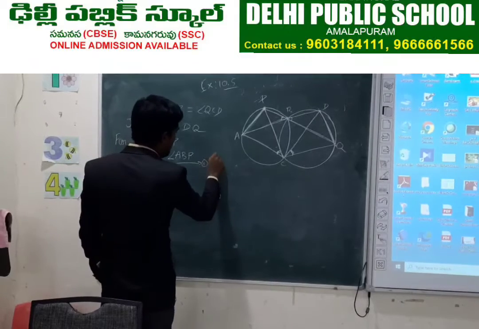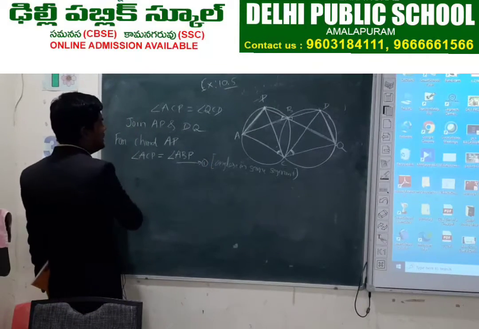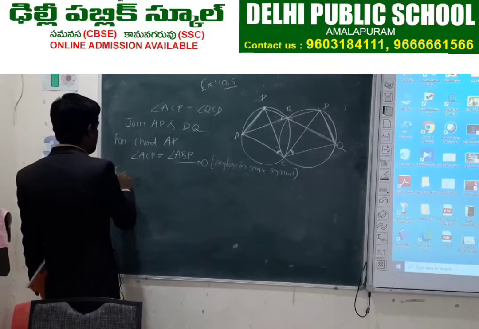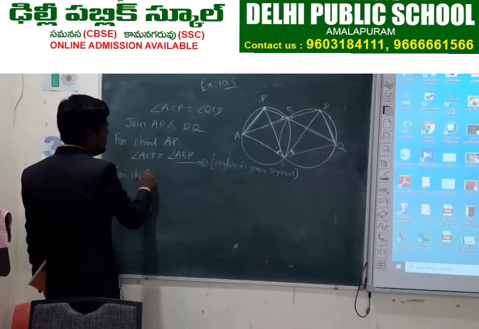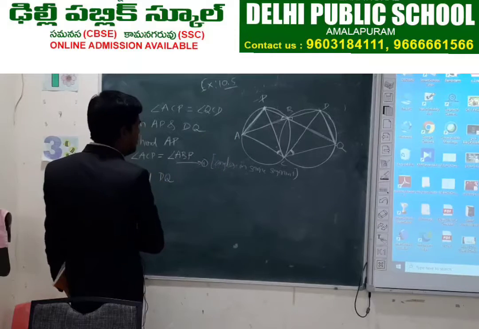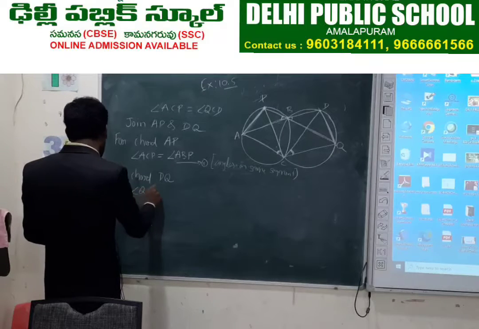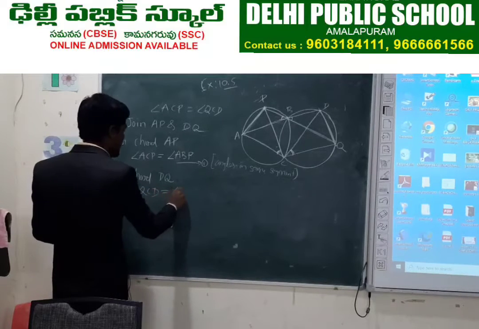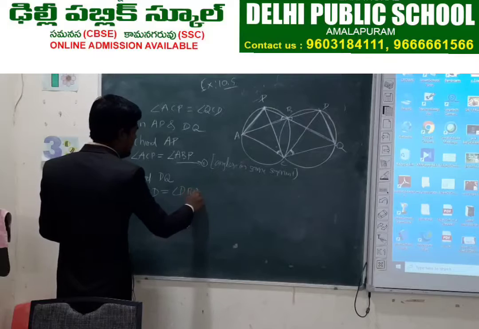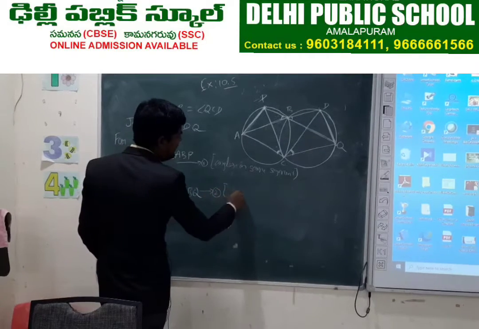Angles in same segment, you can write here. The next is for chord, which one is that? DQ, right? DQ. Angle QCD is equal to angle DBQ. Equation 2, same reason here.